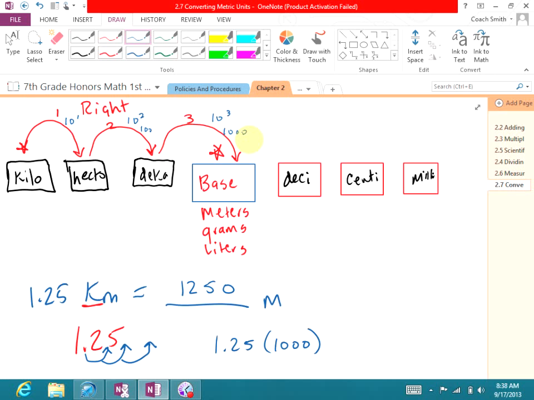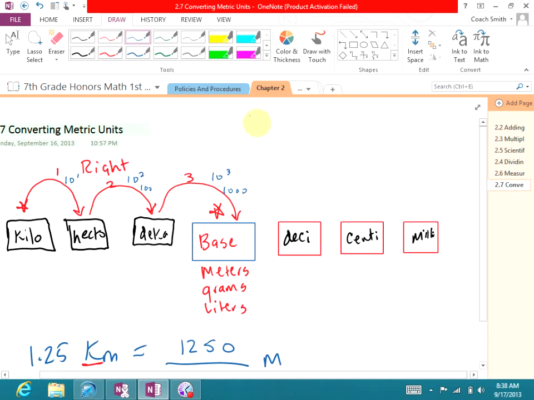In metric units, when you move to the right, the number gets larger.